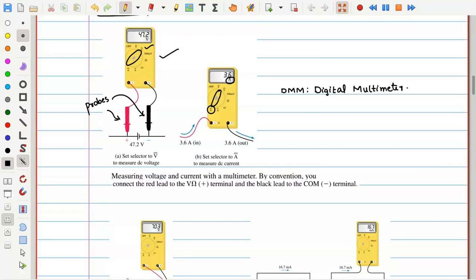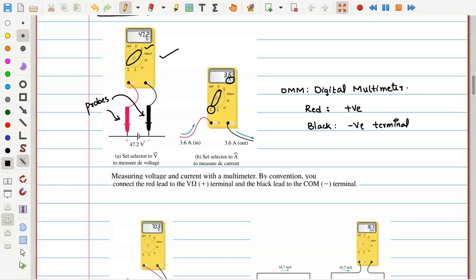The red probe or terminal represents the positive terminal, whereas black represents the negative or reference terminal. You should understand this by default.